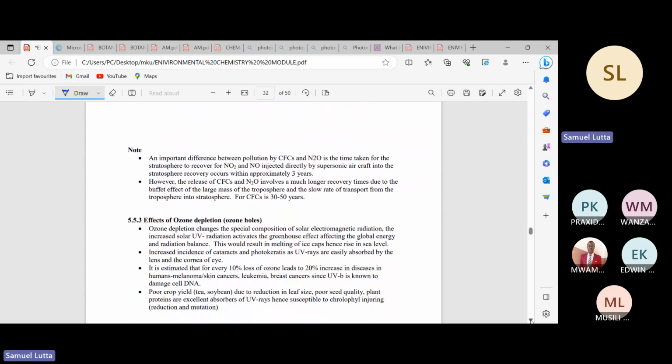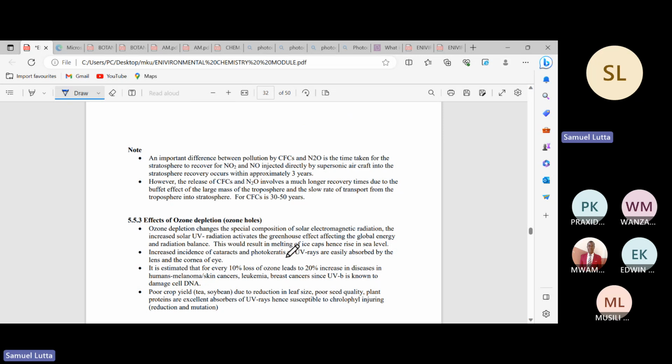Now it's important to know that the pollution caused by the chlorofluorocarbons and the nitrogen oxide takes place in the stratosphere where we have life, and it normally happens to generate the NO2 and the NO, which are injected directly into the atmosphere by the aircrafts.